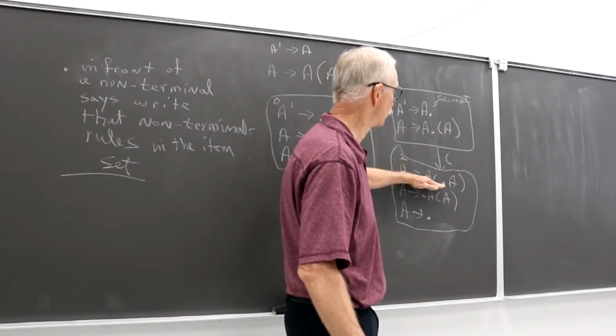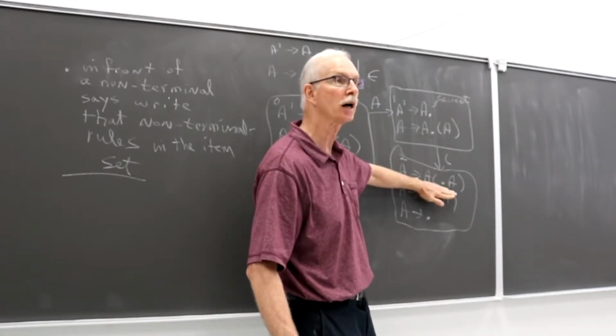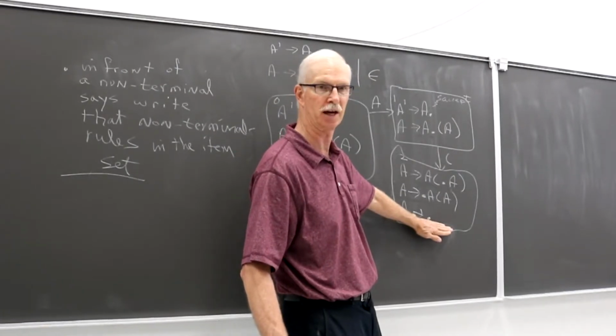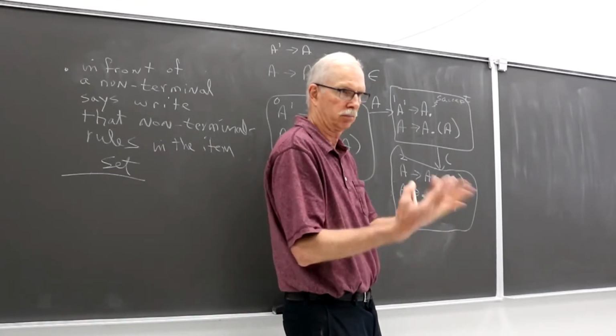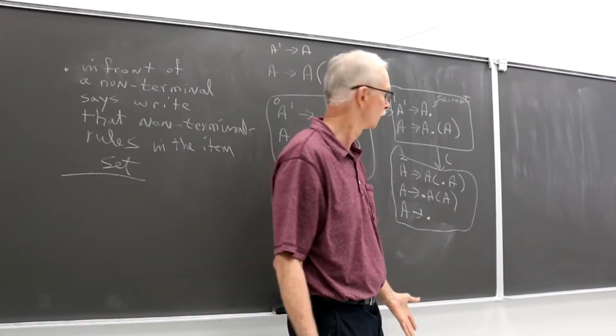So this is a move to get to just here, and then he talks about the rest of this as the closure of the item set. I think that's harder. I mean, just do it all at once. It's easier.